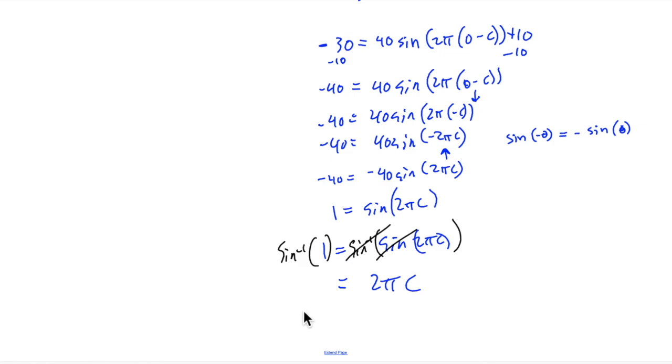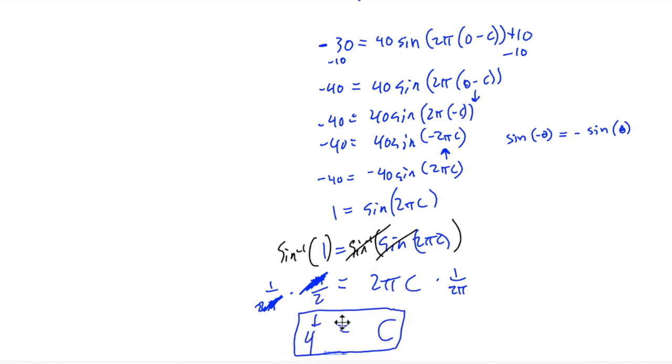It'll be on the y-axis, which is pi over 2. We get that from the unit circle. Now you just solve for c by multiplying both sides by 1 over 2 pi. The 2 pi cancels on that side, but the 2 stays, so 1 over 2 times 2 is 1 over 4. That's our fraction. C is greater than 0 and less than 1, like they said it would be.